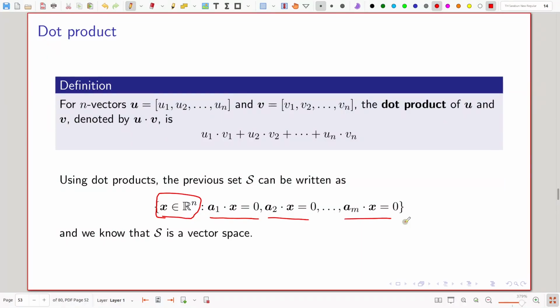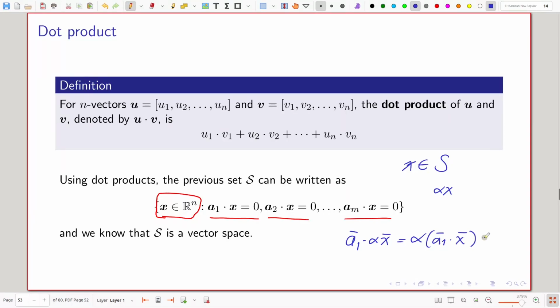I can do that pretty easily. If I have x belonging to the set S, then alpha x also belongs to it, because I can check whether a1 dot alpha x equals 0. It's a dot product, so I can switch the order: alpha times a1 dot x.